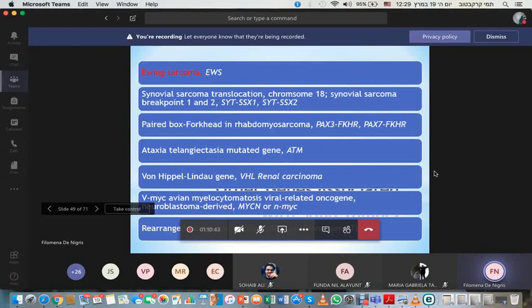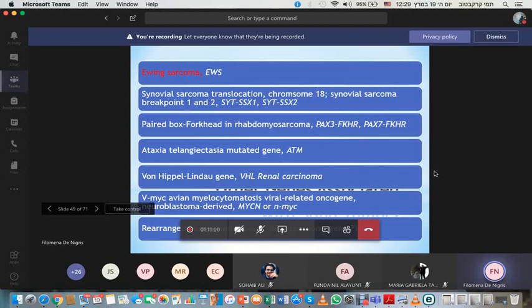For example, we have this kind of rearrangement in rhabdomyosarcoma, again a bone tumor. In ataxia and also for renal carcinoma, we have a specific rearrangement.